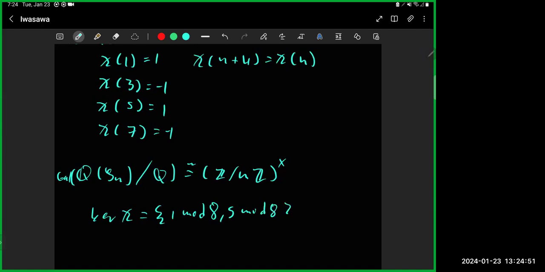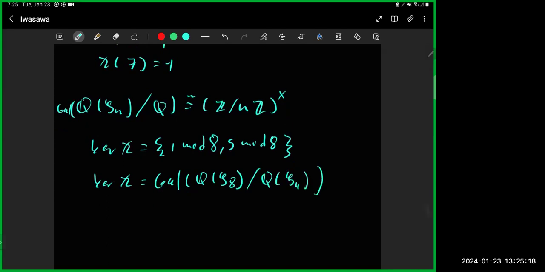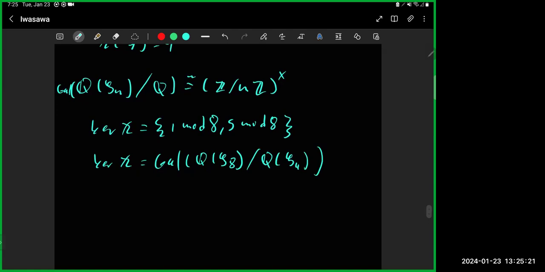This is the same thing as the Galois group of Q adjoin the eighth root of unity over Q adjoin the fourth root of unity. The reason for this is that we're looking for a subgroup of order 2, and it can be shown that this is the only subgroup of order 2 in this Galois group.